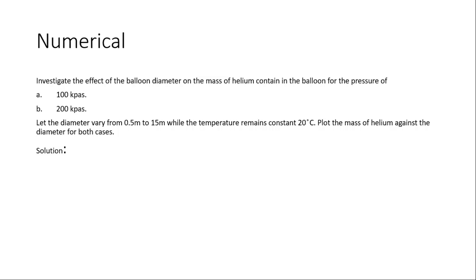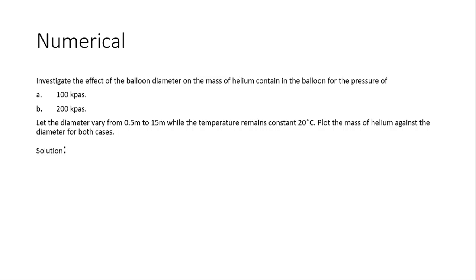Actually, you are increasing the mass in a balloon, and you have to specify the temperature; the pressure remains constant at 100 kilopascals. In the second part you have to solve it in the same manner, but you have to fix the pressure value at 200 kilopascals.